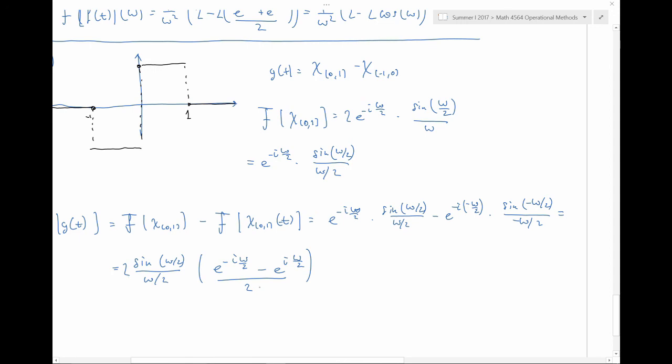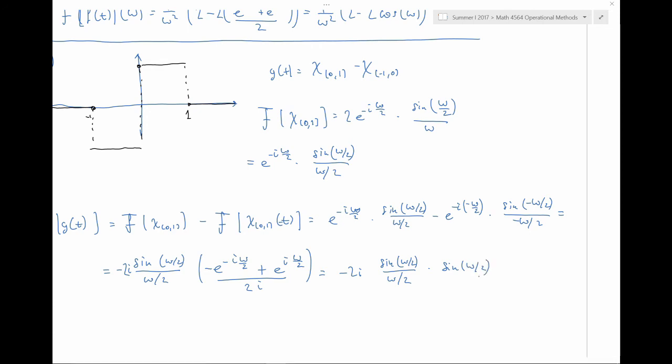Dividing by i, we'll have to multiply by i on the outside. And if I want to switch the positions of the exponential terms, I will have to add a minus sign and make it this way. So this is going to be minus 2i multiplied by sine of omega over 2 over omega over 2 times yet another sine of omega over 2.